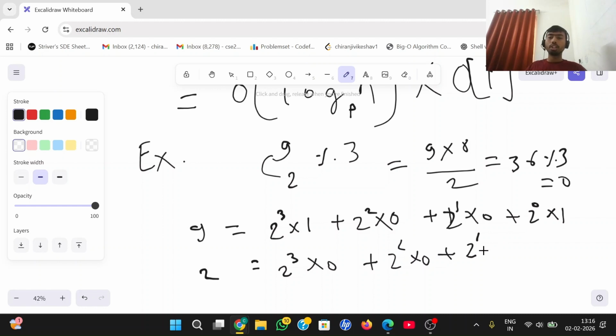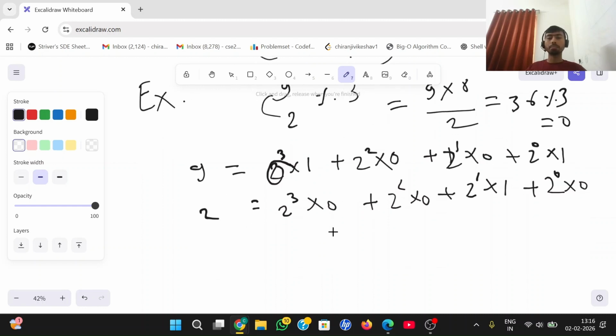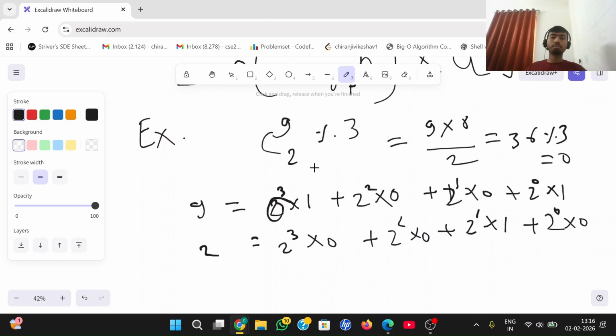The coefficient of 2 to the power 4 here is also 0, so it doesn't make sense to go for 2 to the power 4, 2 to the power 5, and it is the value p. Sorry, let's take p here as 2.